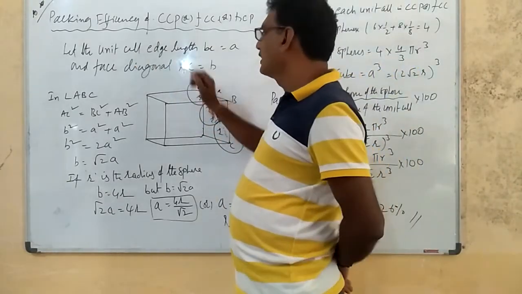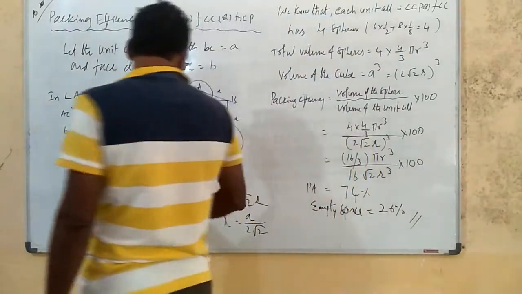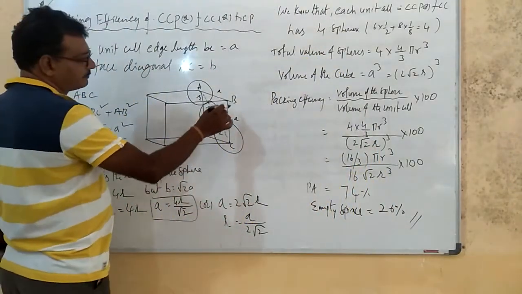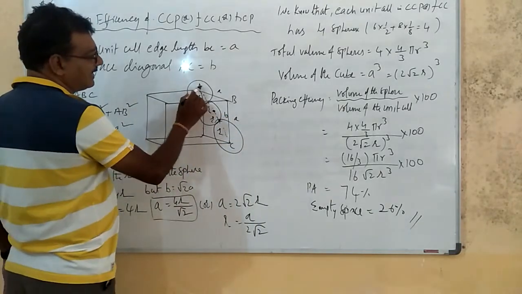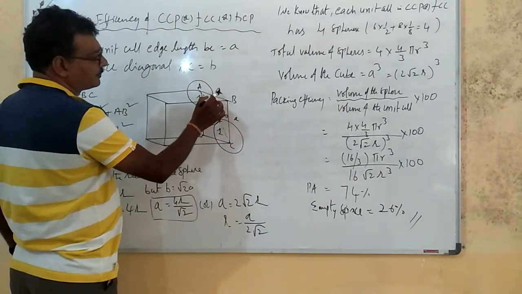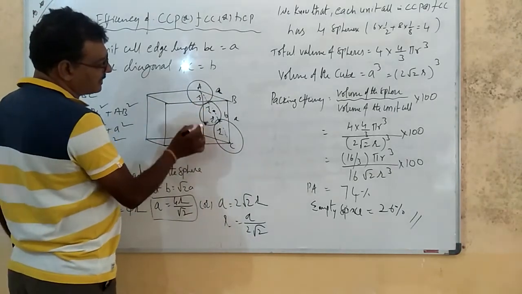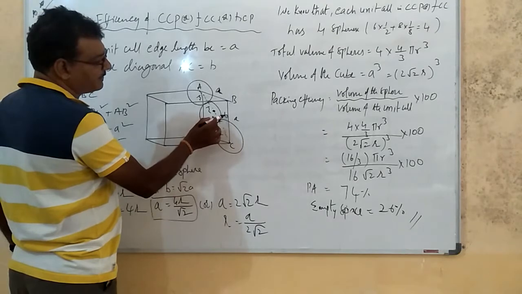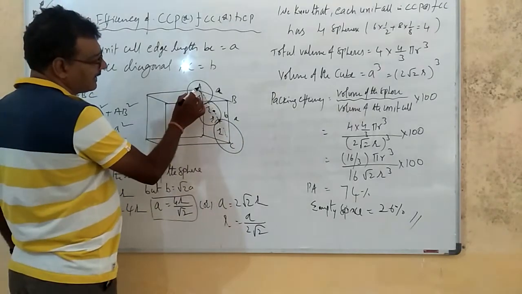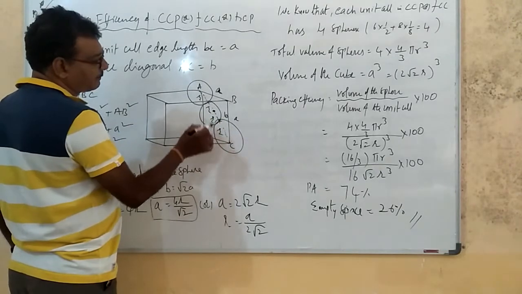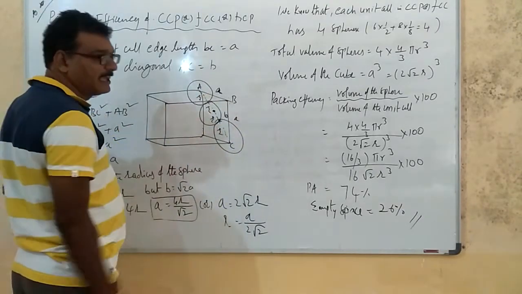So today, the unit cell has edge length equal to A. Now in this diagram, BC is equal to edge length A, AB is equal to edge length A, and AC is equal to edge length small b. This is called small b.